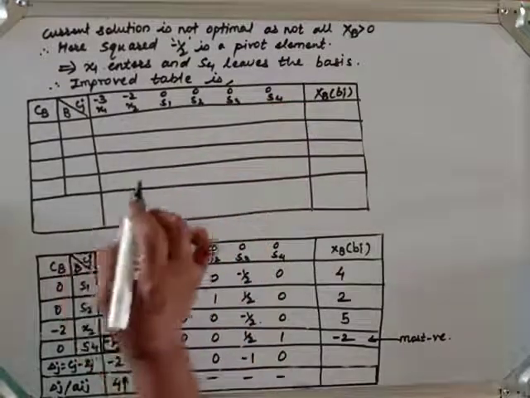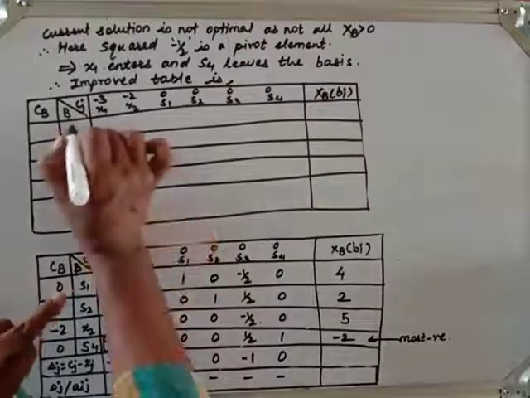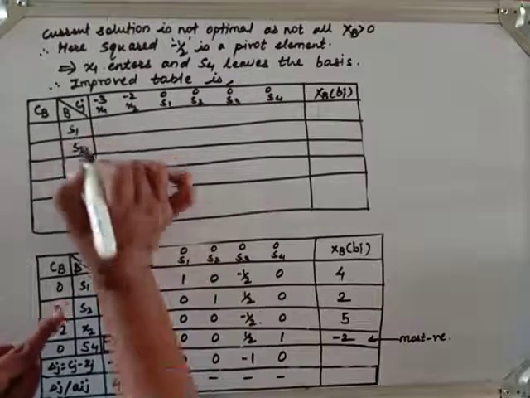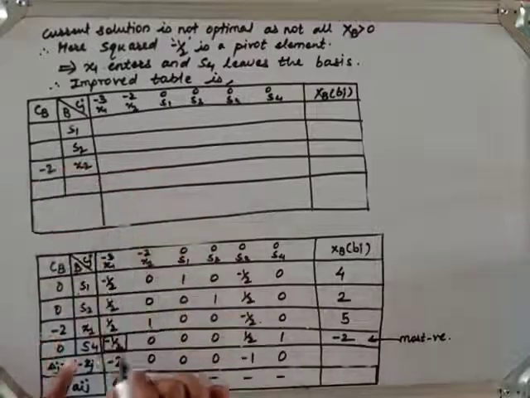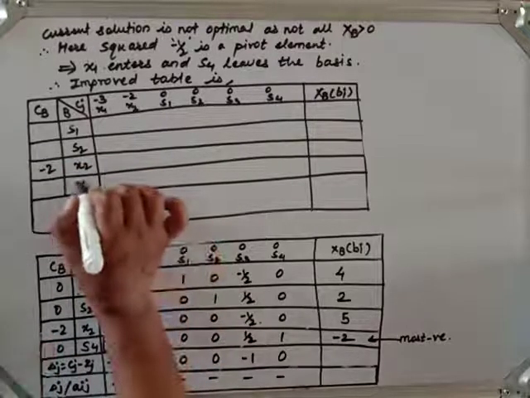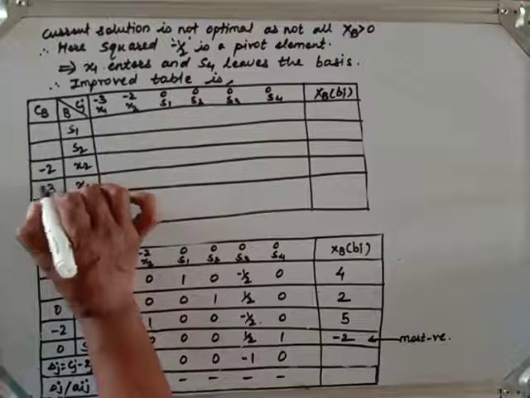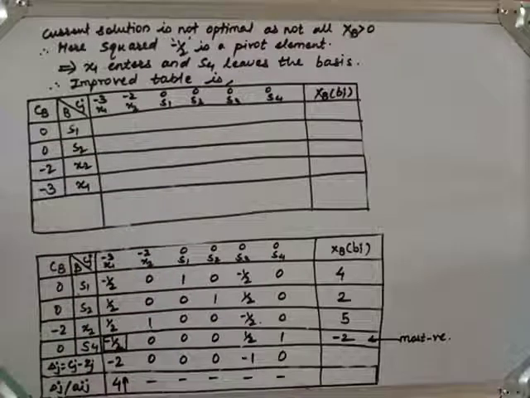Fine. Now here S1 is in the basis as it is, S2 also as it is, and x2 is as it is, having the coefficient -2. Now S4 is replaced by x1, so it has the coefficient -3. And these have coefficients 0.